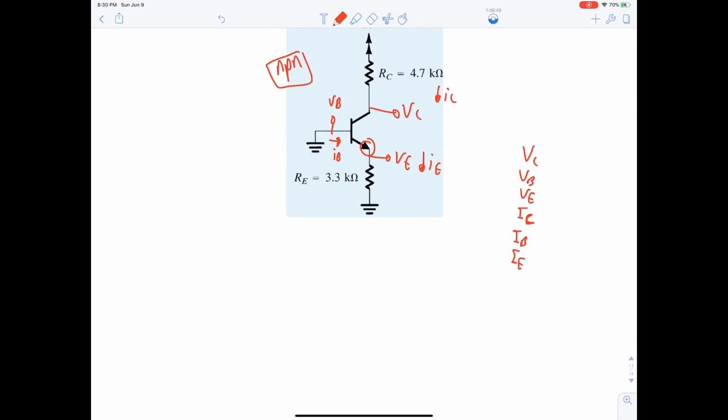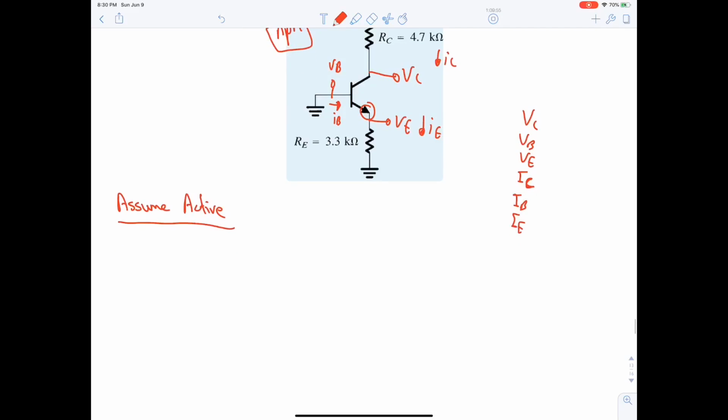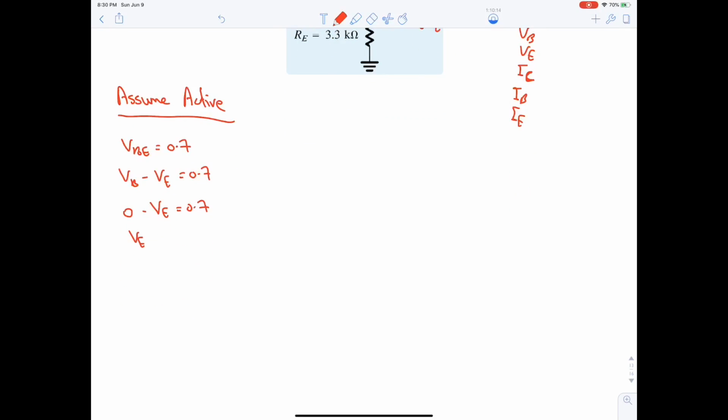And then we will say assume active. After assuming active, we will say that VBE equals 0.7, VB minus VE is equal to 0.7. VB is 0, minus VE unknown, equals 0.7.